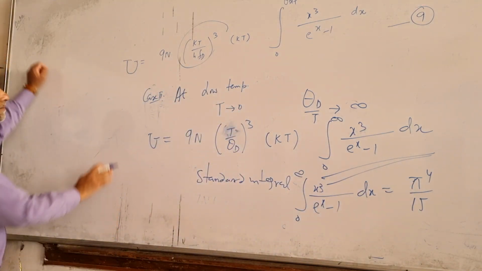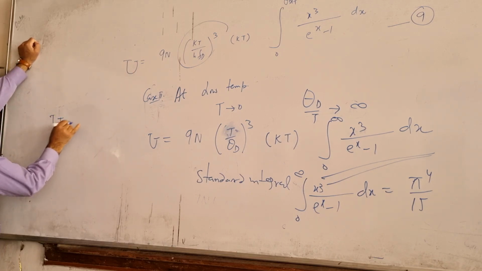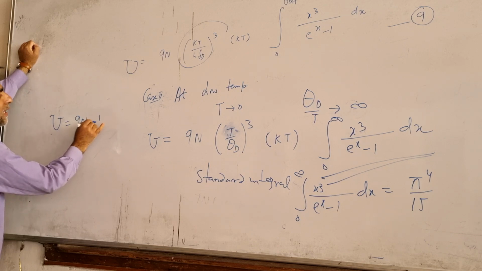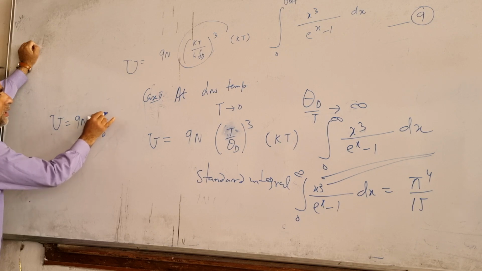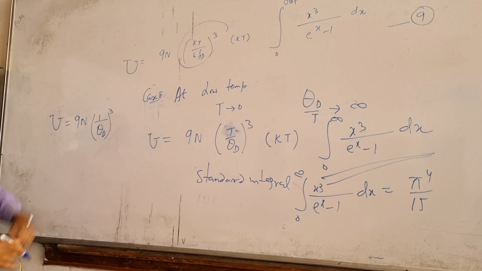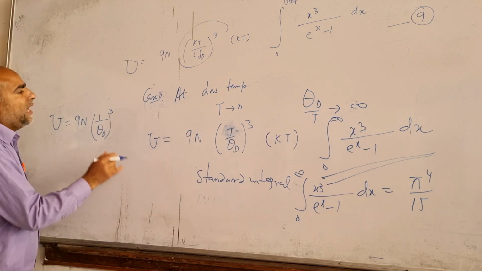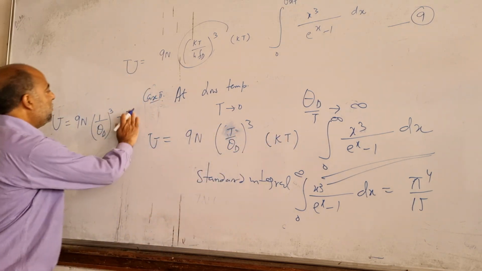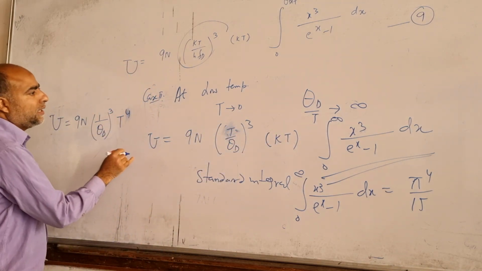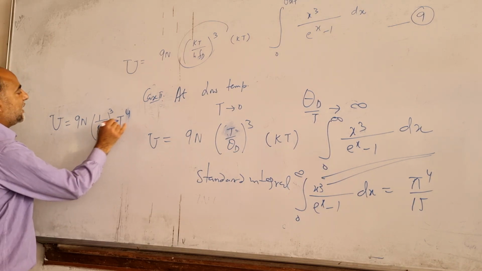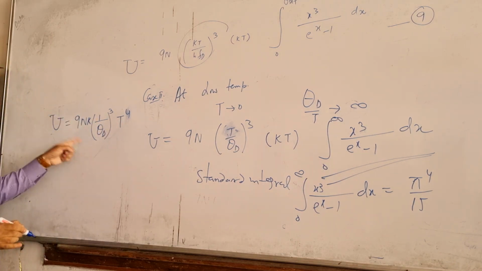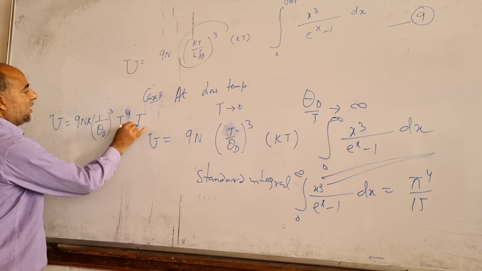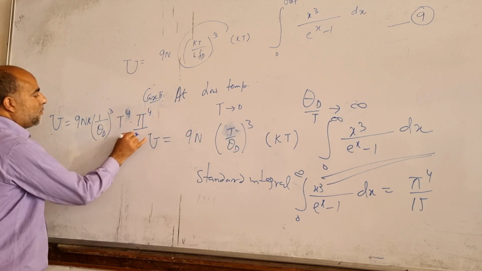Now can you solve it? So your U is equal to 9N, times 1 by theta D whole cube, then you will have T cubed, and I will take out T cubed and this T will become T to the power 4. You obviously have the k. So 9NK times 1 by theta D cubed times T to the power 4, and for the standard integral you have pi to the power 4 by 15.